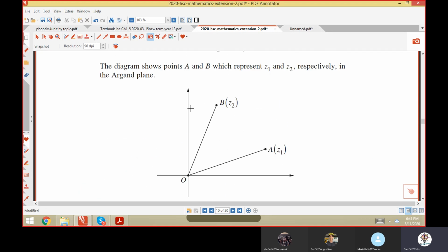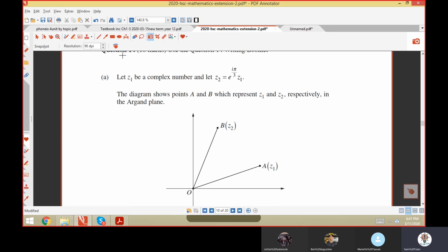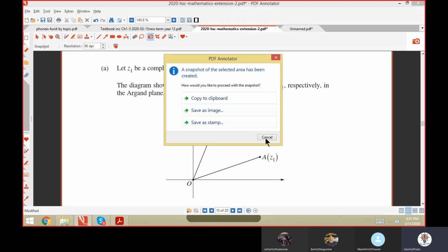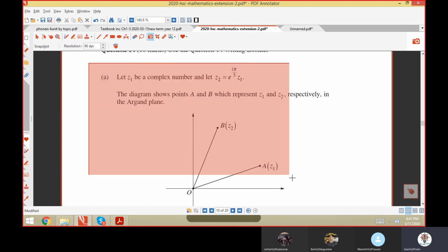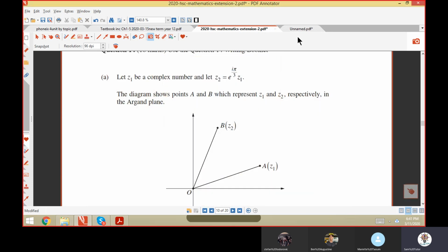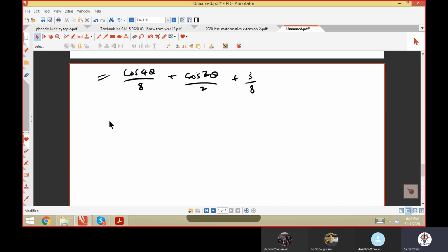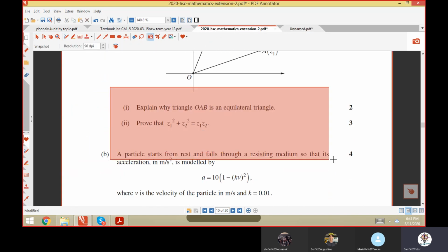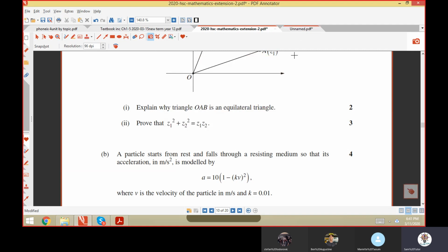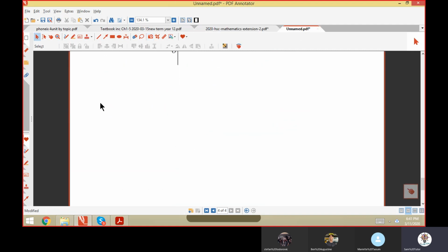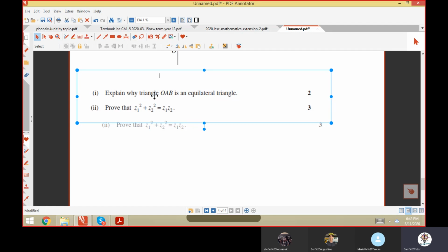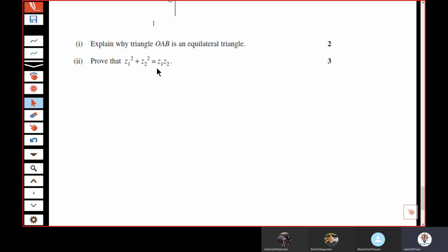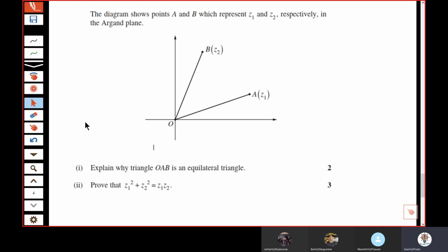Okay, let's try this. You should be spending all of your time doing exactly what I'm doing for you right now. Just open up the HSC paper and attempt every question. If you can't do a question, look through the solutions. If you don't understand the solutions, try to persevere and try to understand them.